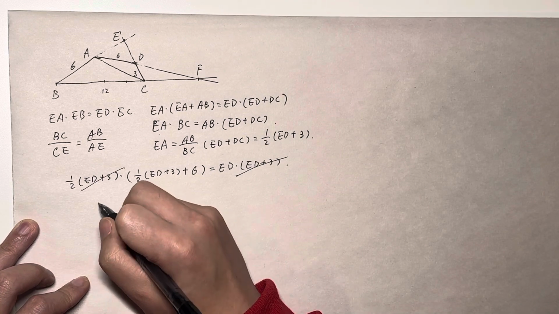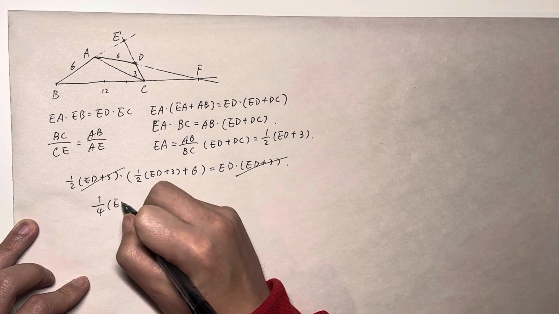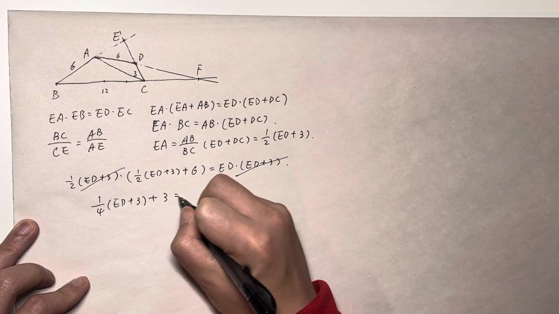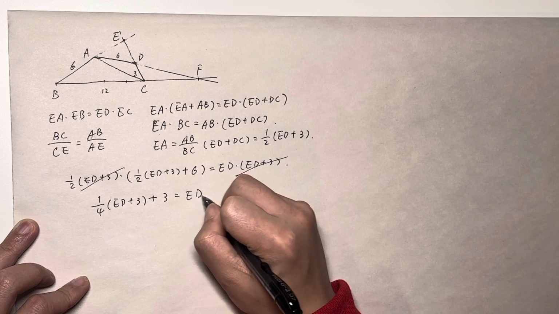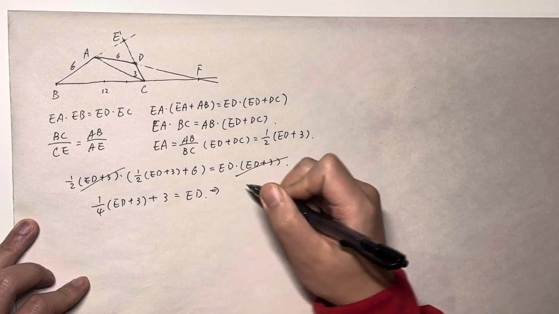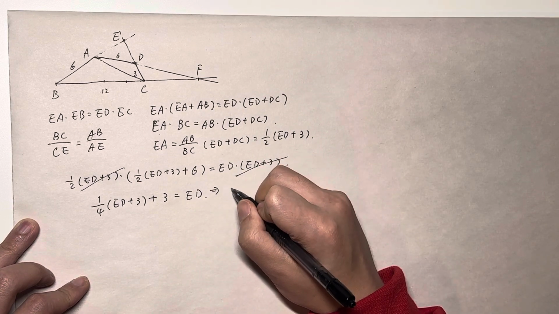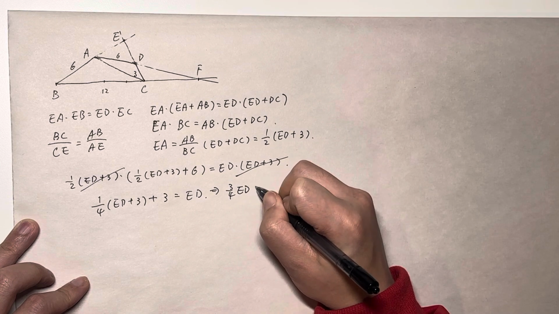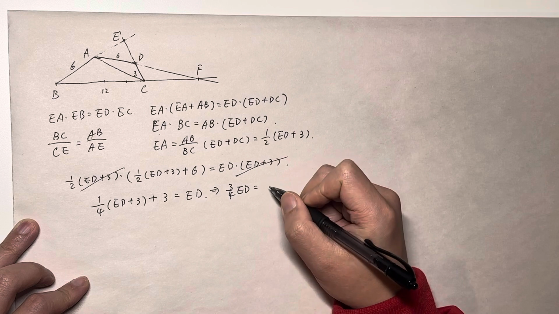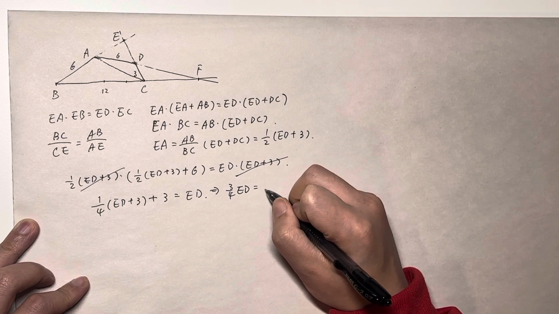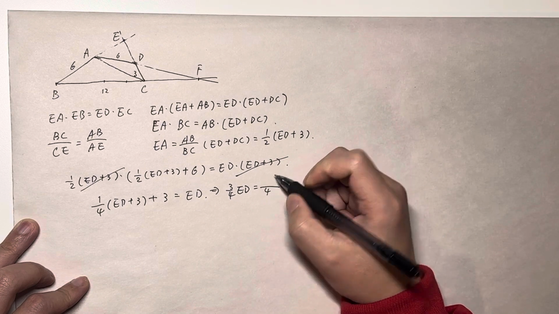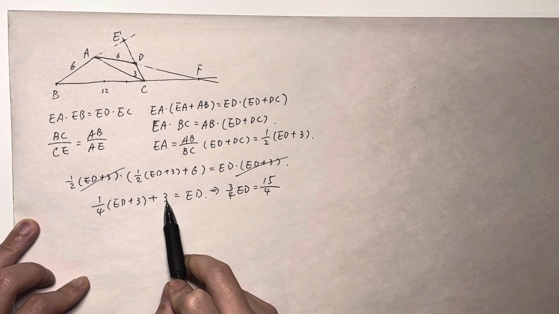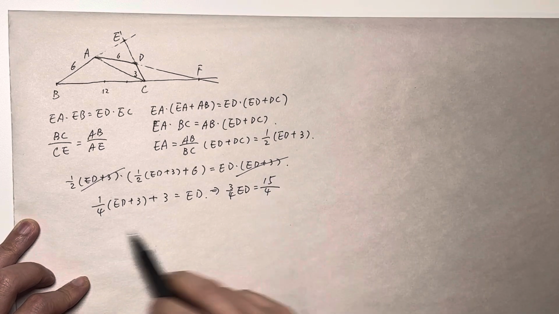Then we got 1/4 of ED plus 3 plus 3 equals 2 ED. So we know that 3/4 of ED equals 15 over 4, that's 12 plus 3, 15 by 4.